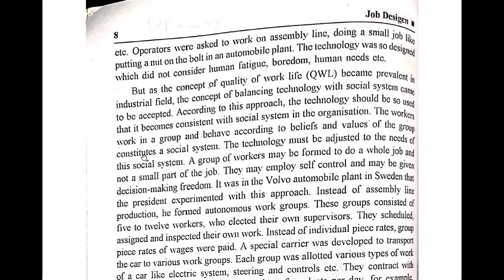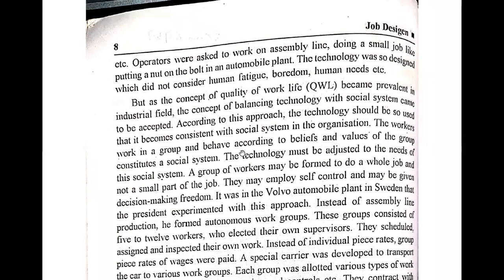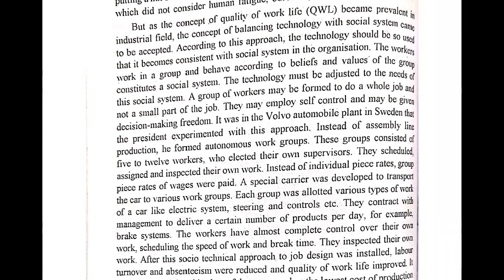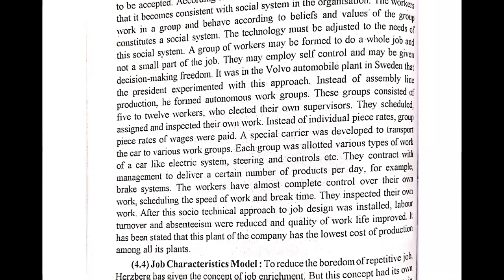Workers who work in a group and behave according to the beliefs and values of the group constitute a social system. So guys, in this socio-technical system, we are told that work should be done through a group of employees. If we have 50 employees in our company, then we need to make groups of, for example, 5 employees in a group.